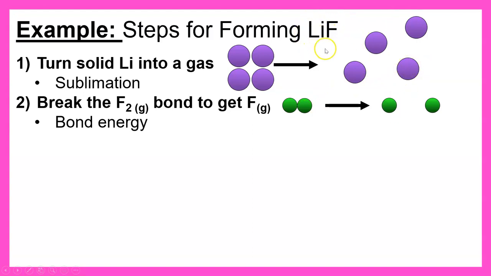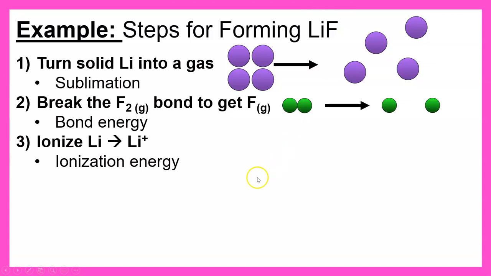But lithium fluoride is not made from neutral atoms, is it? These are ions. I need a lithium cation and I need a fluoride anion. So it's going to take some energy to ionize that lithium. Remember, it's 1 mole of it. We're trying to ionize an entire mole of lithium here. We need to remove an electron to turn it into the cation that we're trying to make.